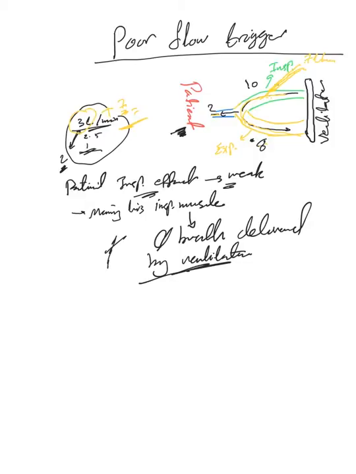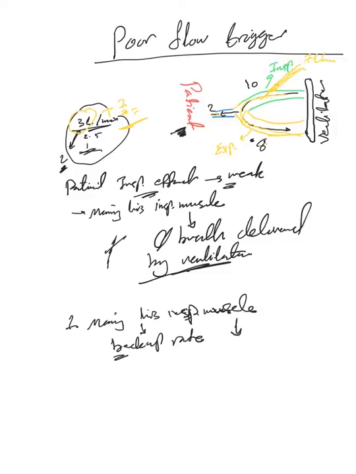The first scenario, where the patient is moving his inspiratory muscle, but only receiving backup rate, because the ventilator is not sensing any breath coming from the patient.